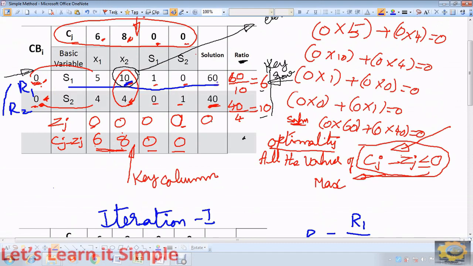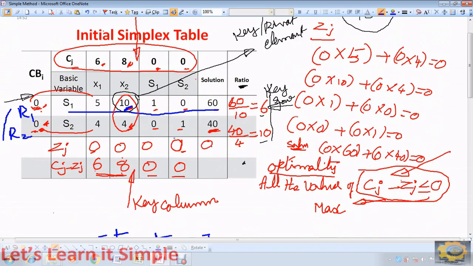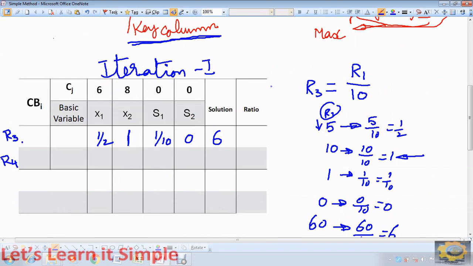Now if you go back to the initial iteration, the key column is x2 and the key row is s1, which means in the second iteration x2 is entering the solution and S1 will leave the solution. So I'll repeat again.